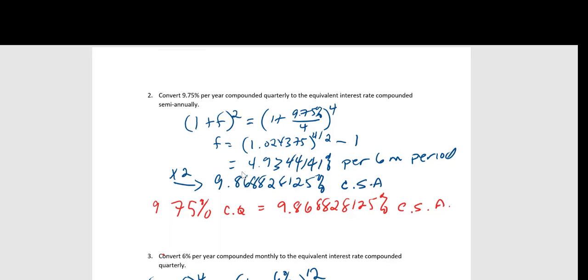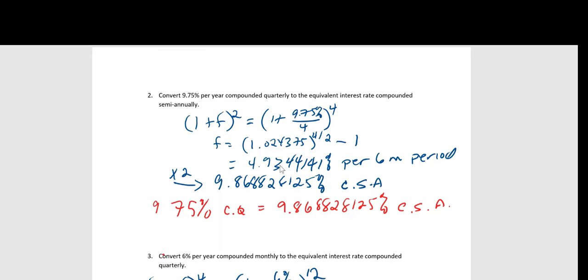Next question, convert 9.75% per year compounded quarterly to the equivalent interest rate compounded semi-annually. We are going to do this from first principles, $1 for 1 year. (1 plus F) to the power of 2 is equal to $1 for 1 year at 9.75% to the power of 4, since there are 4 quarters in 1 year.